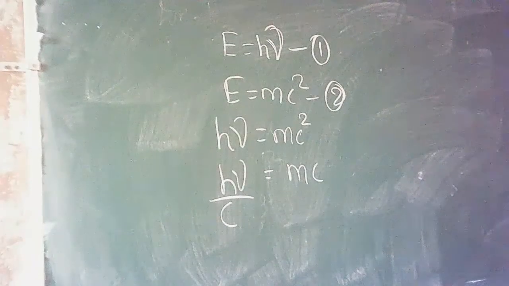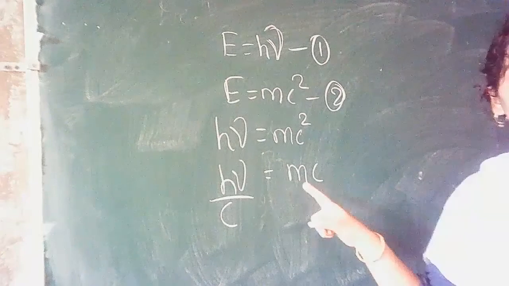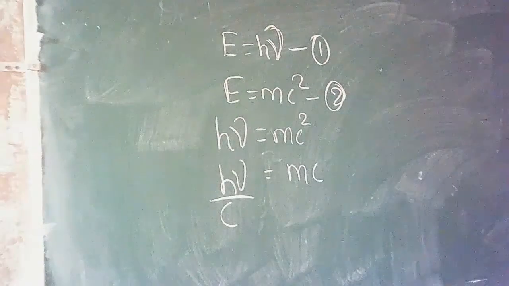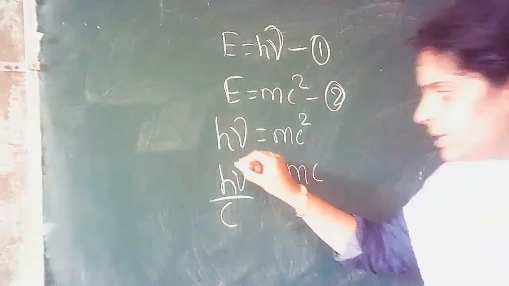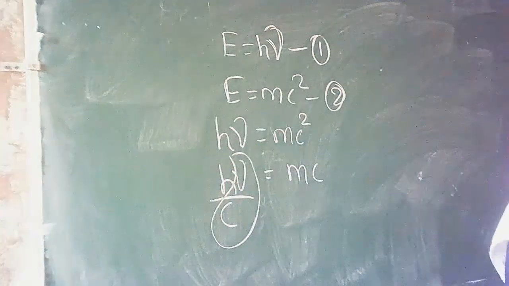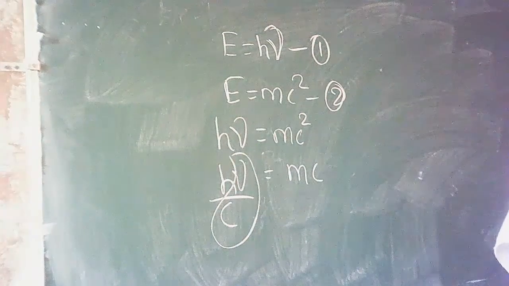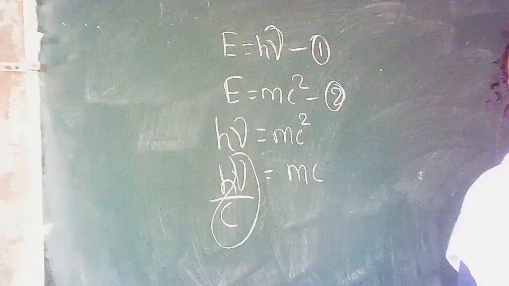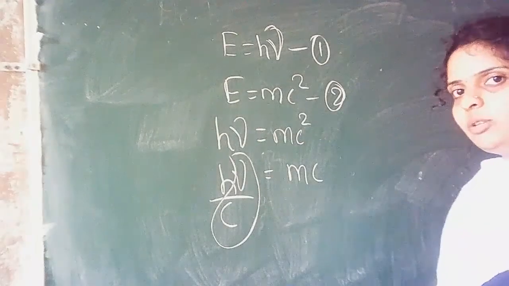So here you have h nu divided by c is equal to m into c. Okay. So now what is this nu divided by c? Have you studied ever? What is nu divided by c? I don't think you have that idea.